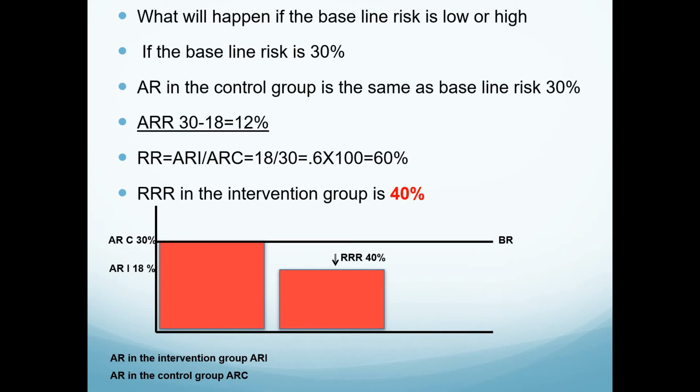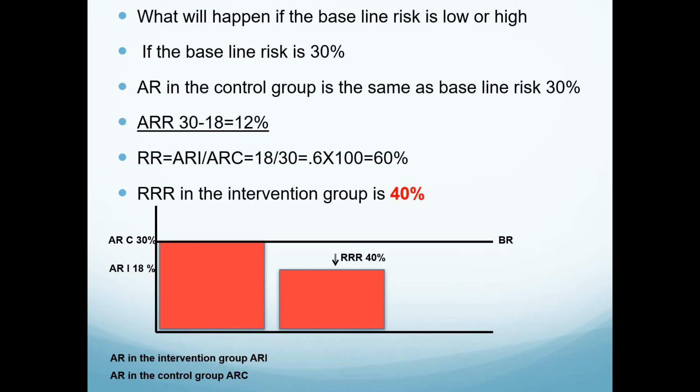The relative risk reduction here is we are reducing from 30 to 12. So in this example, the 40% relative risk reduction is equal to 12%. So you are going to reduce the incidence of abortion by 12%.